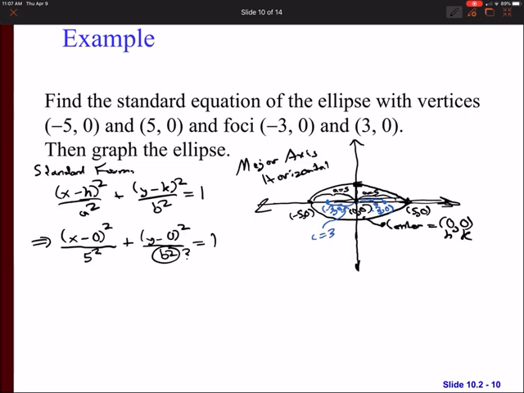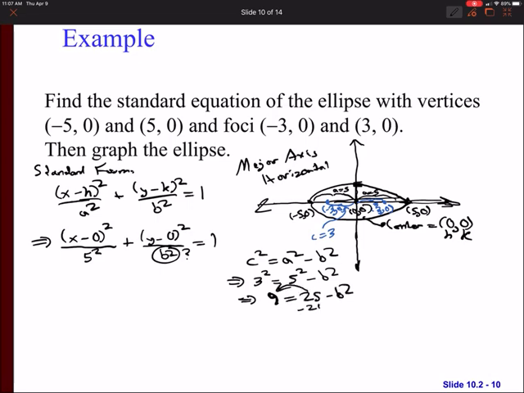So how do we find b? Remember, for an ellipse the relationship is c squared equals a squared minus b squared. We can plug in what we were given: c is 3, and a is 5, because we were given the foci and the vertices. So 9 equals 25 minus b squared.